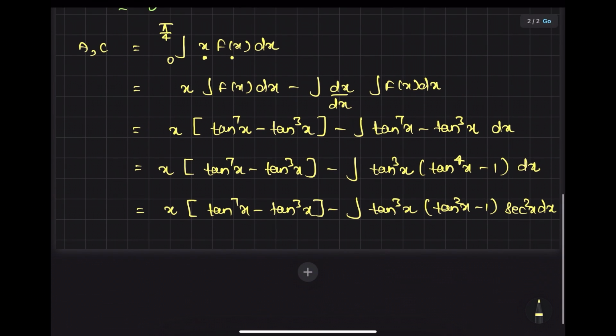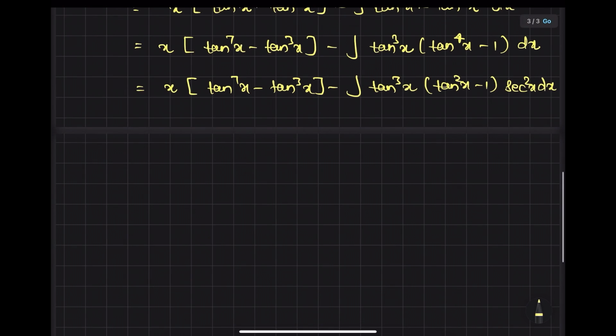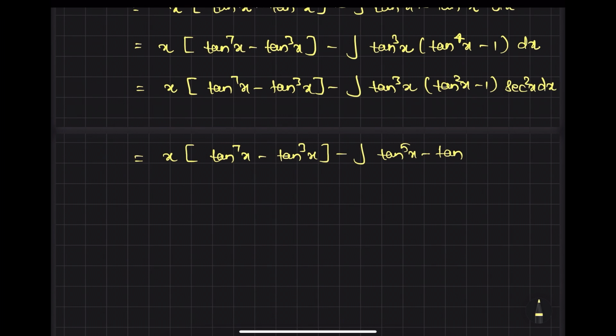I hope you are okay with these steps, these manipulations. Okay, so x times tan power 7x minus tan power 3x minus, this is tan power 5x minus tan power 3x, and then sec square x dx. Again, you know that you will take tan x as z and you will get sec square x dx as dz.